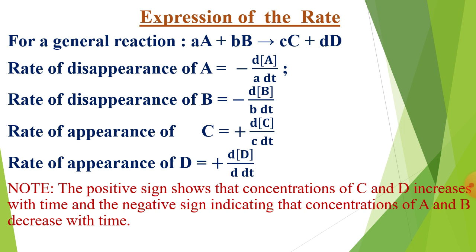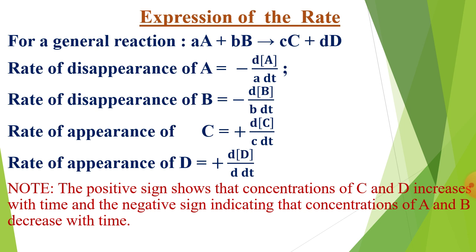Now the rate of disappearance of A is equal to minus dA by dt. Here the stoichiometric coefficients are divided in the rate term. That means it should be 1 by a. Rate of disappearance of B equals minus dB by dt, here divided by small b.